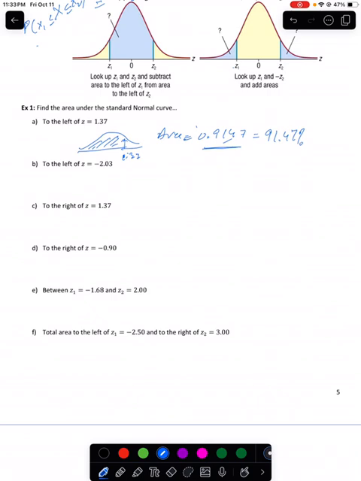The next one is saying to the left of z equal to negative 2.03. What does that mean? It means we are going to be somewhere over here, negative 2.03. I think I should draw these curves on this side so that they are more clear.